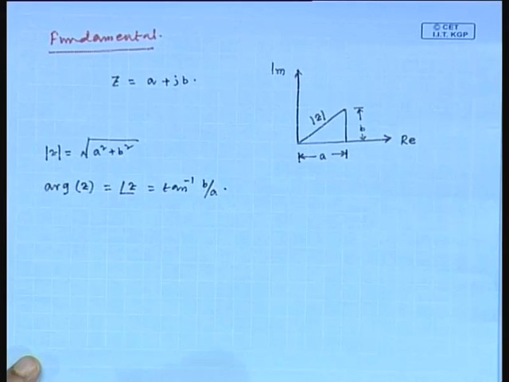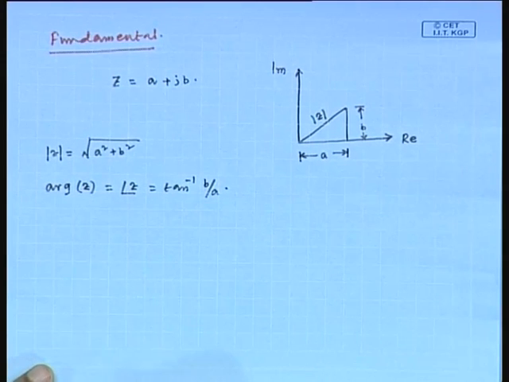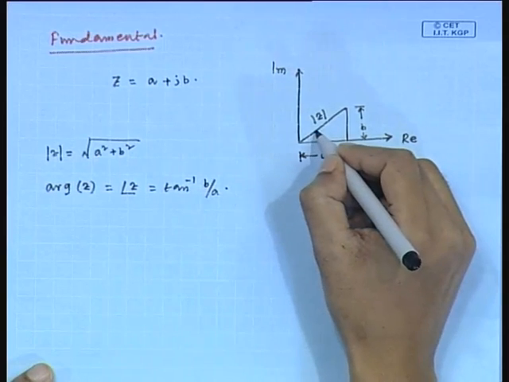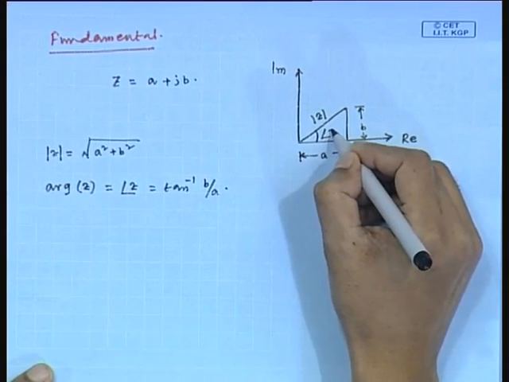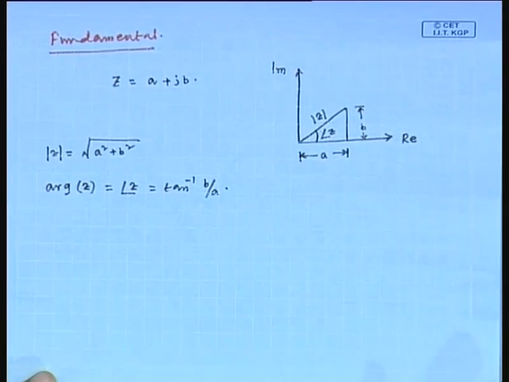I mean argument Z equals tan inverse B by A, fine. This is the argument Z.